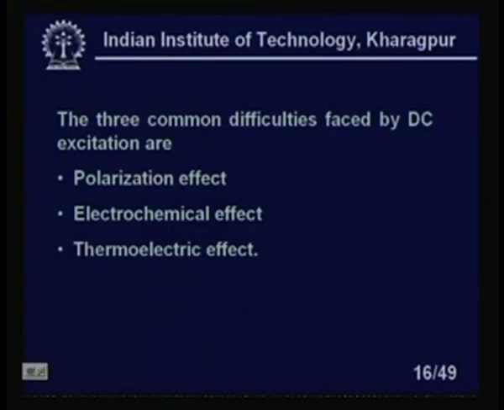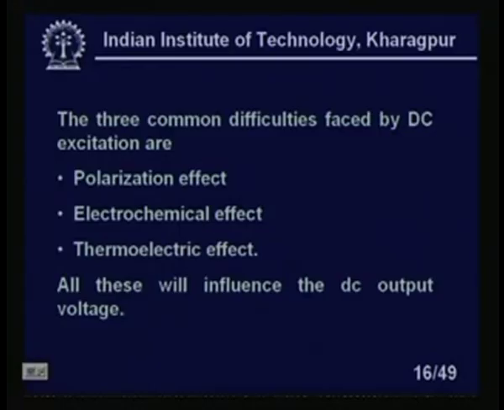And third, the thermoelectric effect, because there are dissimilar metals. Whenever you apply DC, if there is a difference of temperature, we will get an additional voltage which we have not accounted for. That will give some error in the measurement. So all this will influence the DC output voltage.